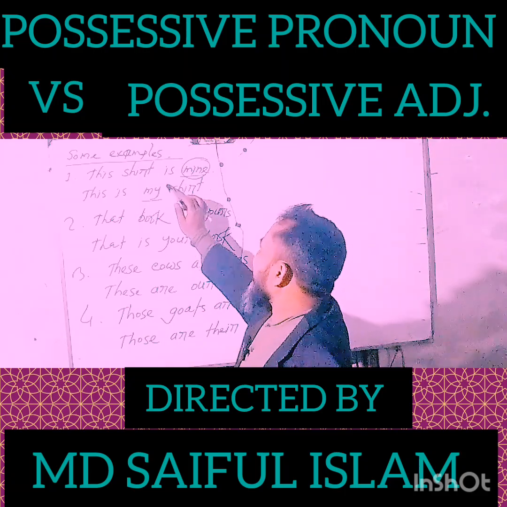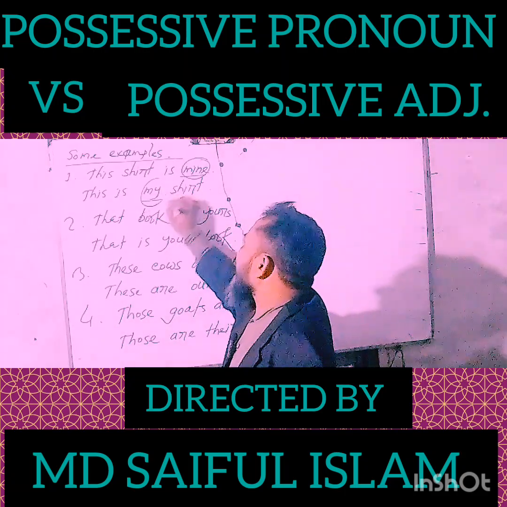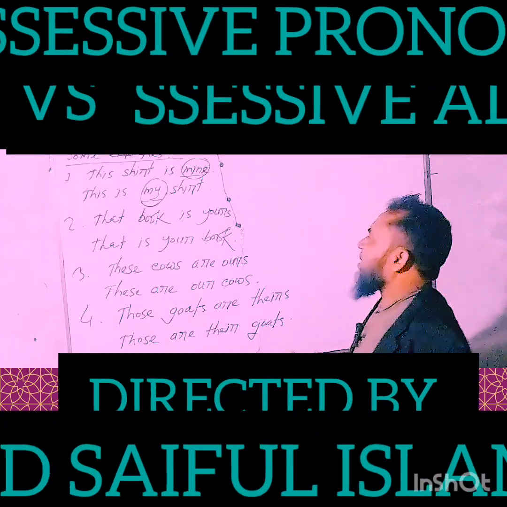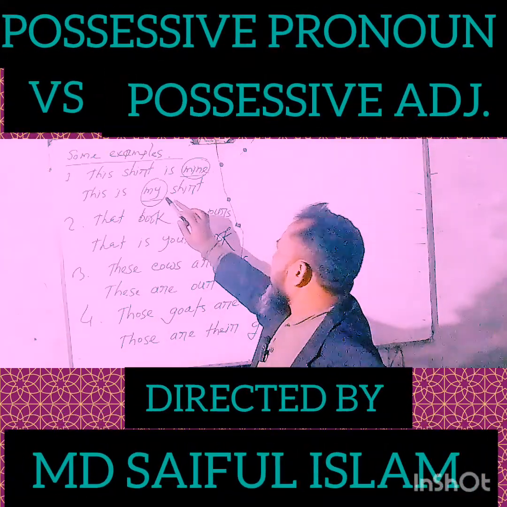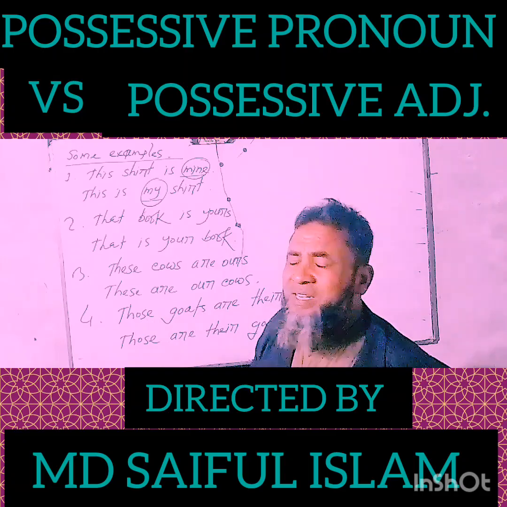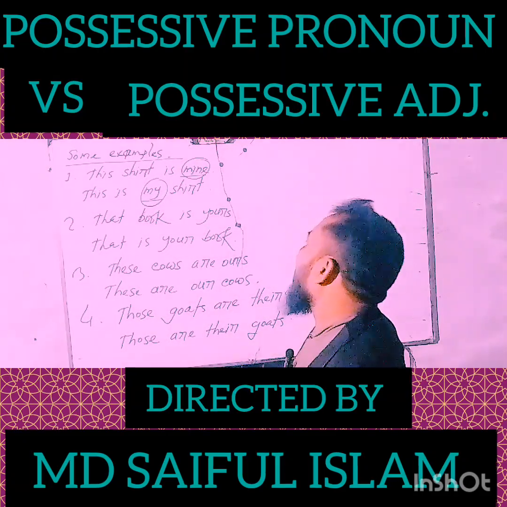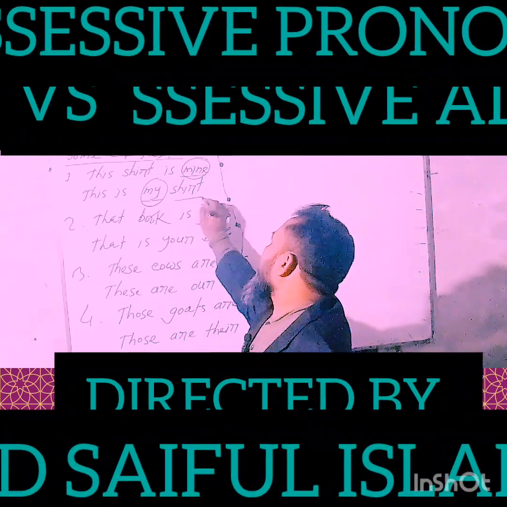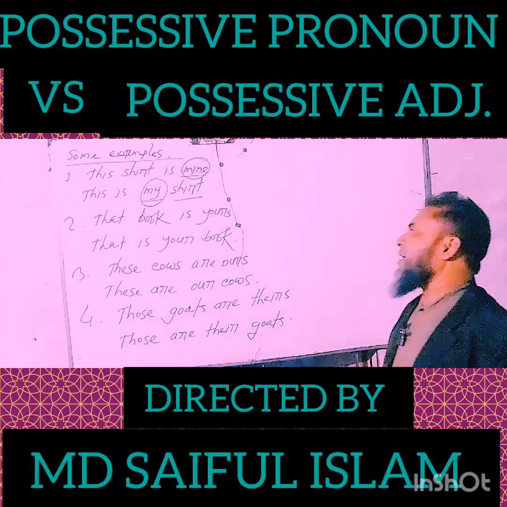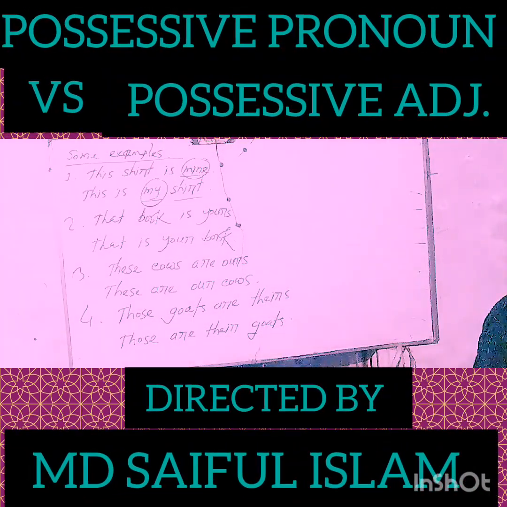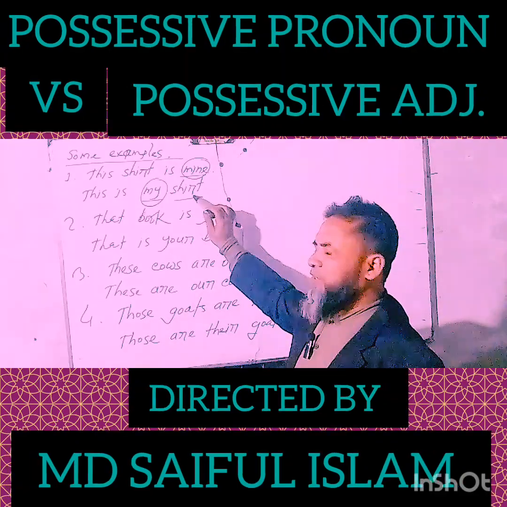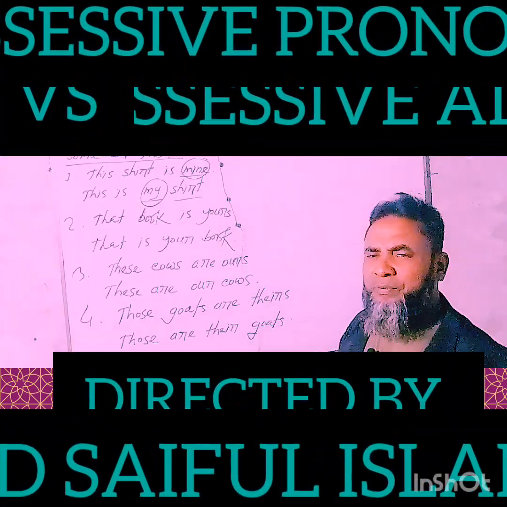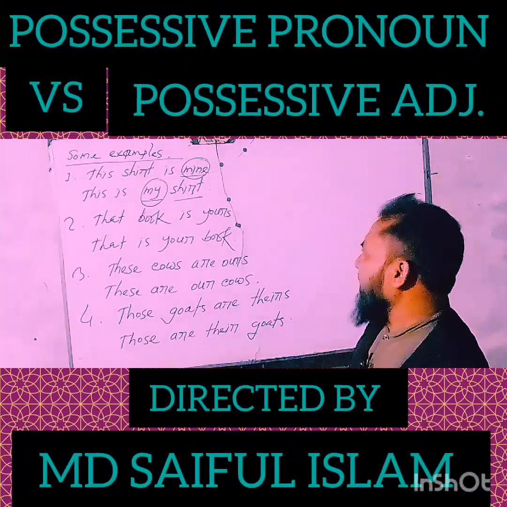Similarly, my in this sentence is, of course, a possessive adjective, because my also indicates the ownership of a thing, but my is used before a noun. It not only indicates the relationship of a thing, but it modifies the noun shirt. I know that you have understood clearly.